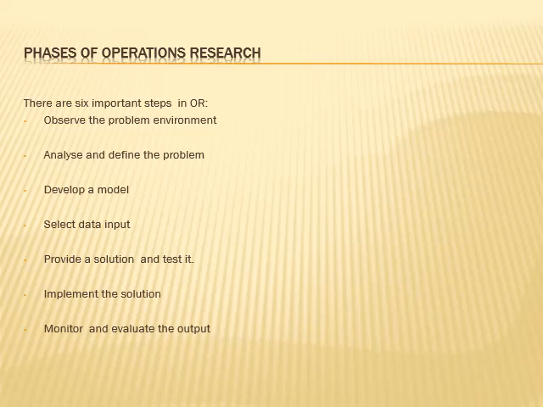Phases of operations research. There are 6 important steps in the process of applying OR. We know that each company faces some problems. In order to solve this problem, or in order to take an optimal decision to solve this problem, the first step is to define the problem.